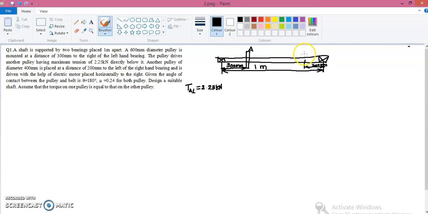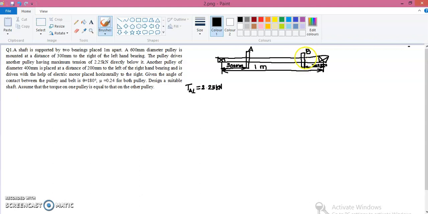And the diameter of the pulley is 400 millimeter. So the first pulley A has a diameter of 600 millimeter and the second pulley has a diameter of 400. So proportionately that is a smaller pulley, so I'll represent it as a smaller rectangle here. And I'm naming this pulley as pulley B.